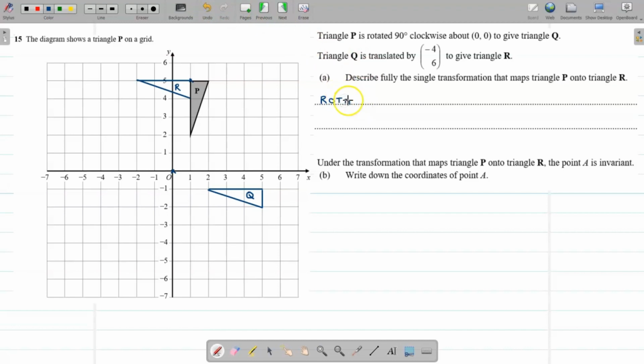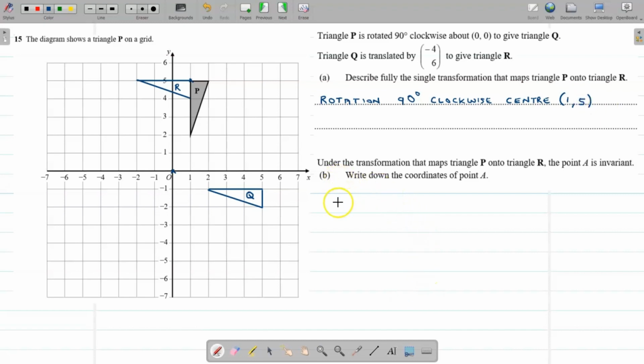Rotation, 90 degrees, and to get from P to R, it's clockwise. And the center of rotation has to be included, and it's the point 1, 5.